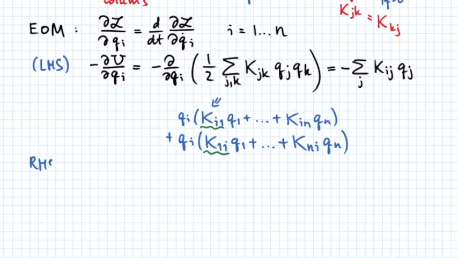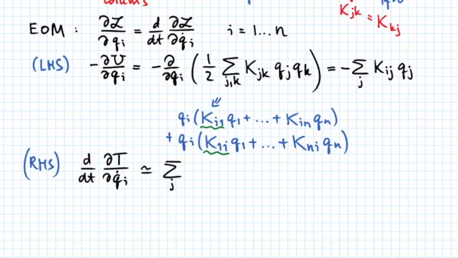Let's work on the right-hand side now. The right-hand side is given by the full time derivative of the partial derivative of kinetic energy with respect to velocity q sub i dot, which by direct analogy we write immediately to be given by the sum over j of matrix a sub ij evaluated at q equals 0 times q sub j double dot. We will call this matrix M sub ij.